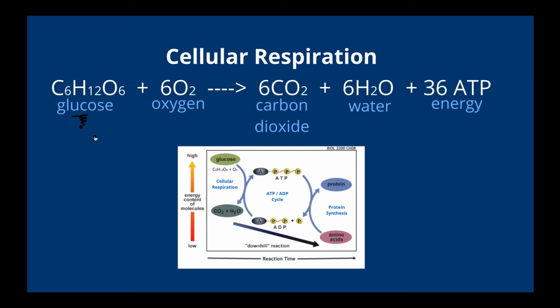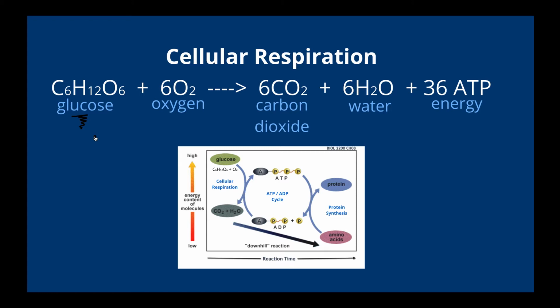And so one of the things that we're going to see is that cellular respiration is a metabolic pathway. It's not a one-step reaction. There are many reactions, and the purpose of that metabolic pathway is to help maximize the energy production we're going to get out of that glucose molecule.